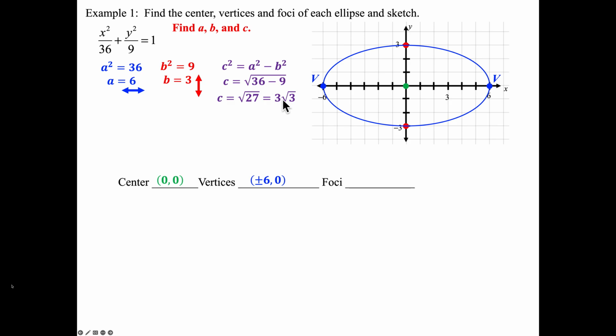I could reduce that or simplify it to 3 square root of 3. So those foci will change the x-coordinate just like in the vertices, so positive, negative, 3 radical 3, 0. And if I plot those, they are going to be just a little bit past the 5. There's my foci. We could take the square root of 27 in the calculator and find a good decimal representation.